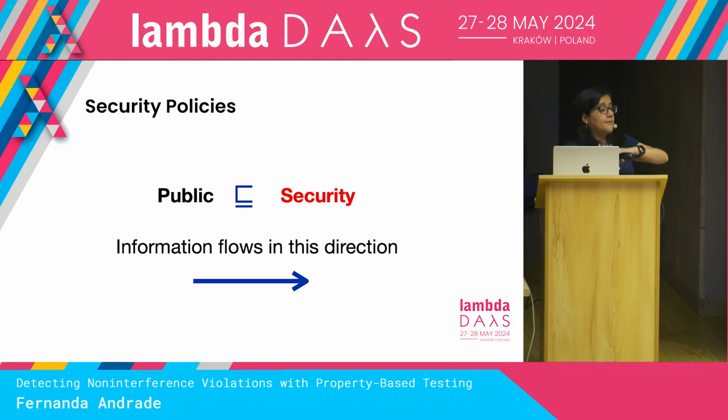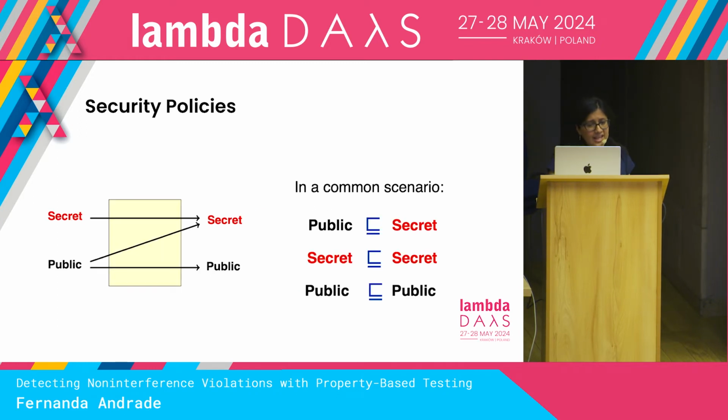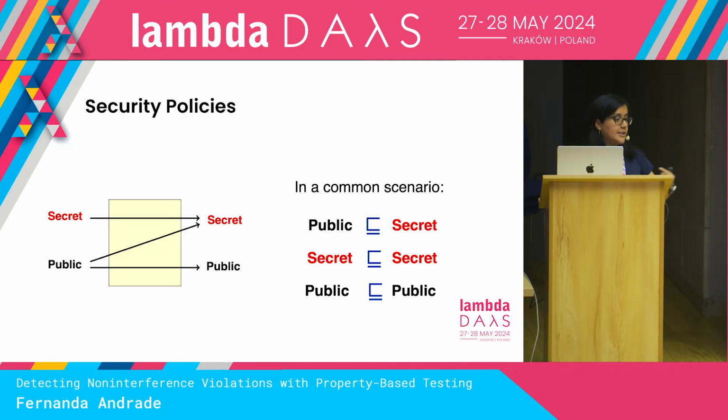You cannot have secret information in public information. So that's how the information flows, from public to secret, but not the opposite. As I mentioned, in a really common scenario, information can flow from public to secret, but not from secret to public. That's how it's ordered, and that's how this order relationship is defined.